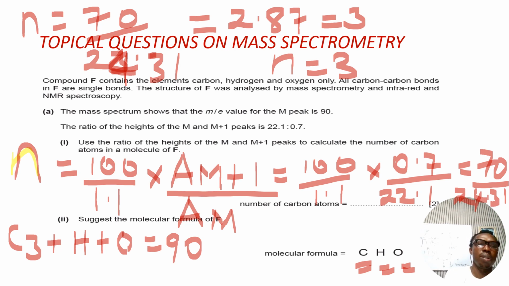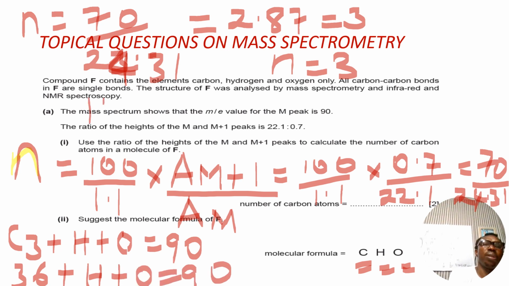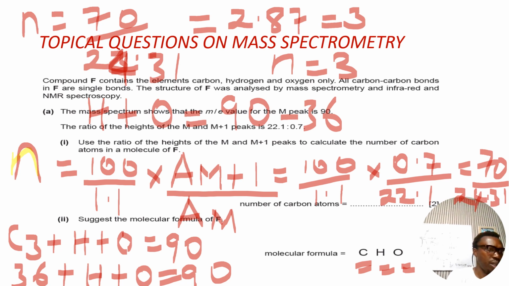Carbon is 12, so 3 times 12 is 36, plus hydrogen plus oxygen will be equal to 90. So hydrogen plus oxygen will be equal to 90 minus 36, which is 54.